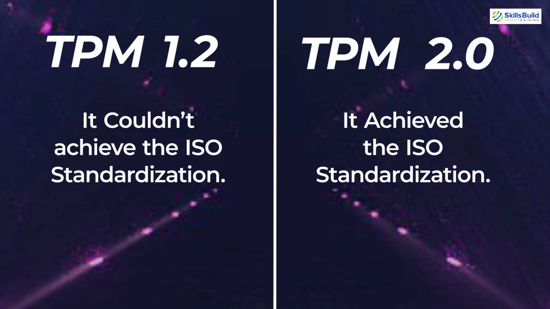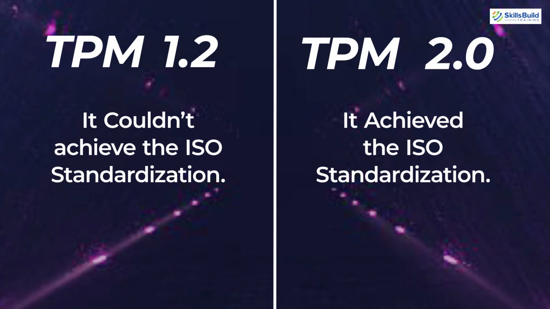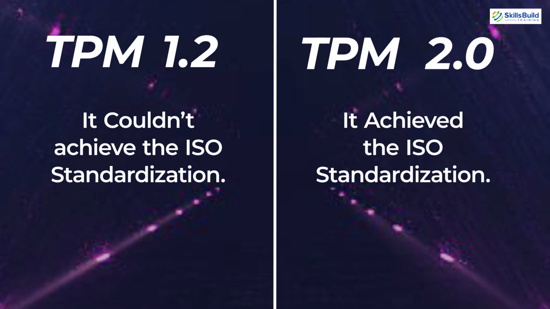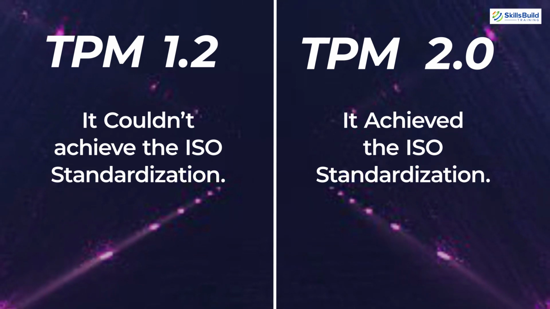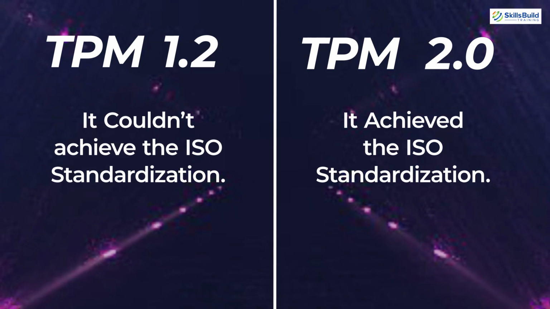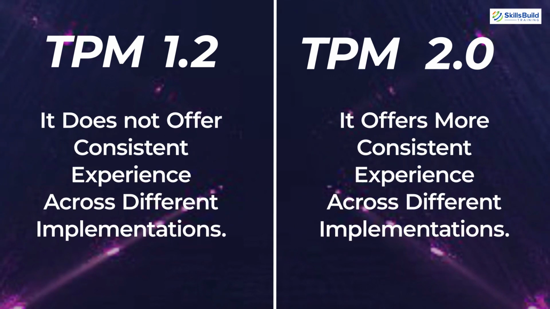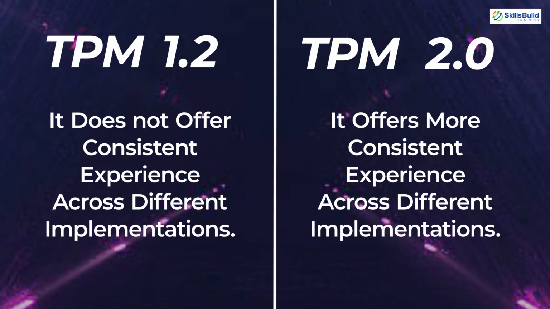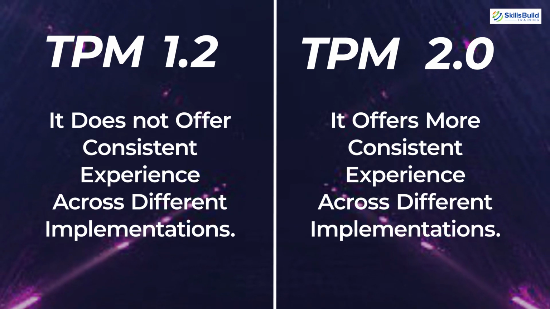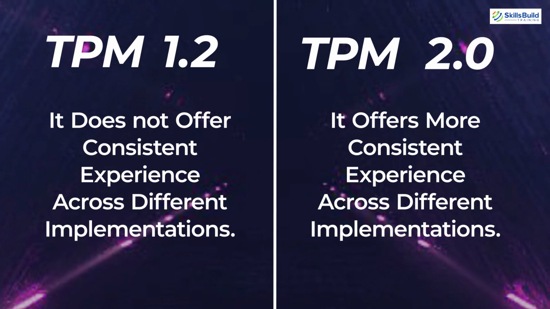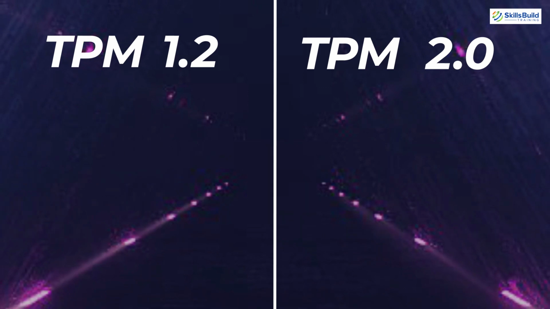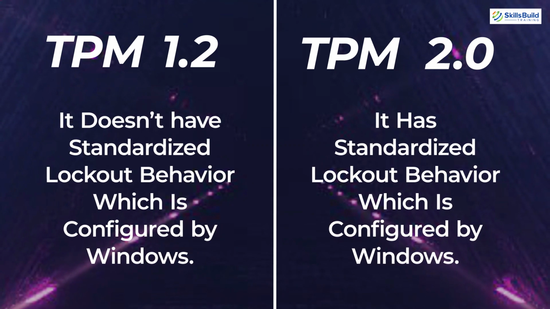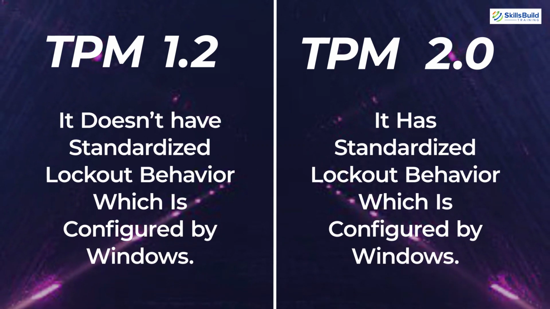Use of TPM 2.0 may help eliminate the need for OEMs to make exceptions to standard configurations for certain countries and regions. TPM 2.0 offers a more consistent experience across different implementations. TPM 1.2 implementations vary in policy settings. This may result in support issues as lockout policies vary.